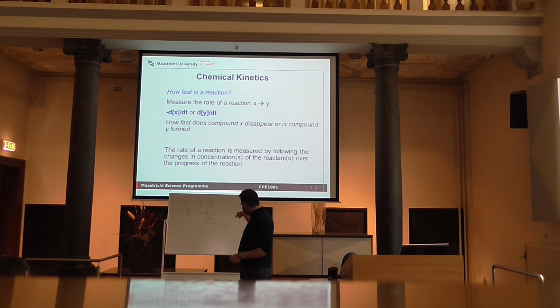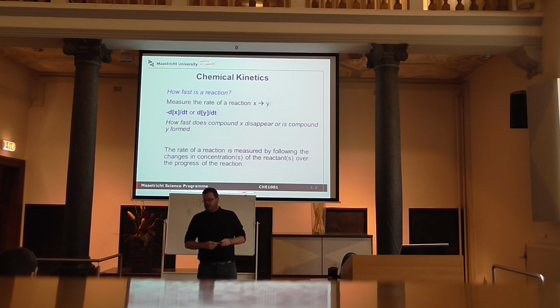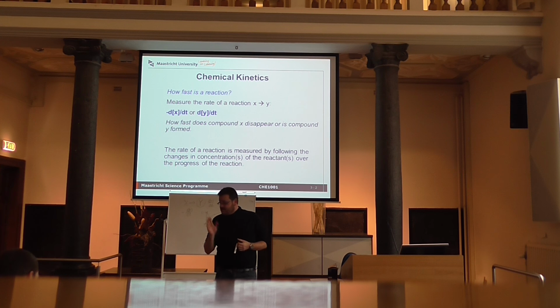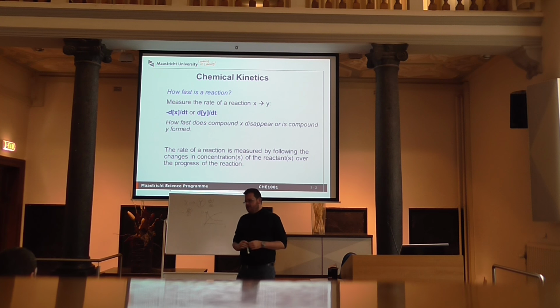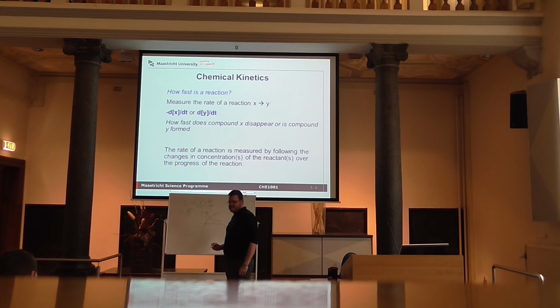Now, do you notice that these two curves are curved, right? In other words, if you want to measure, let's say, the rate of the reaction at this point here for the formation of Y, what would you do? At that one point, you need to measure the gradient of the tangent, right?